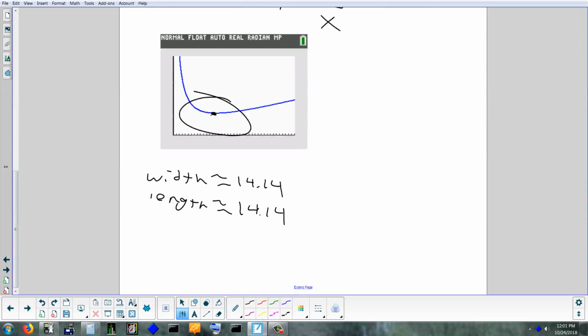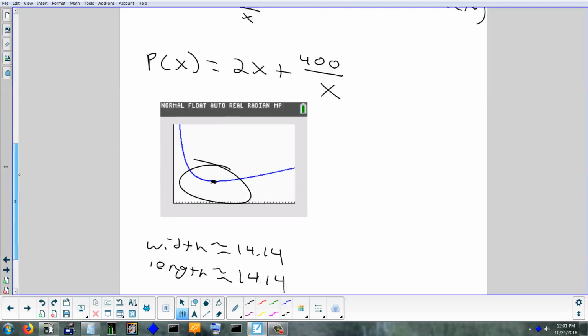So that means if you had a rectangle with an area of 200, actually doesn't matter what the area is, if you want to make a shape with the minimum perimeter, the length and width are the same. So what shape is that? Square. It's a square. Yep, it's a square. So we just had to find the minimum.